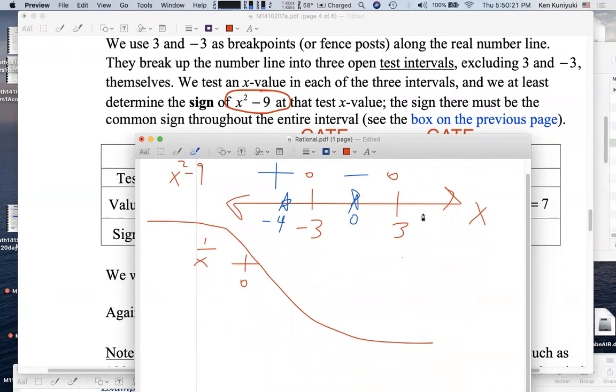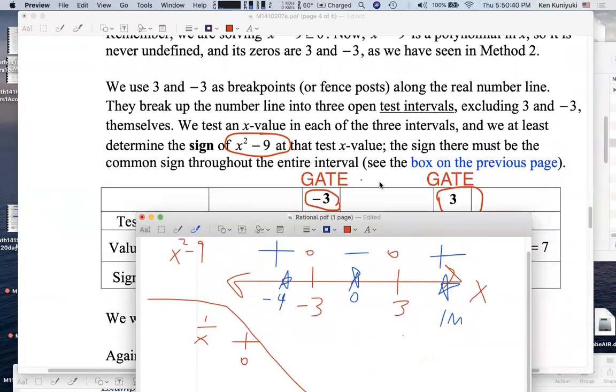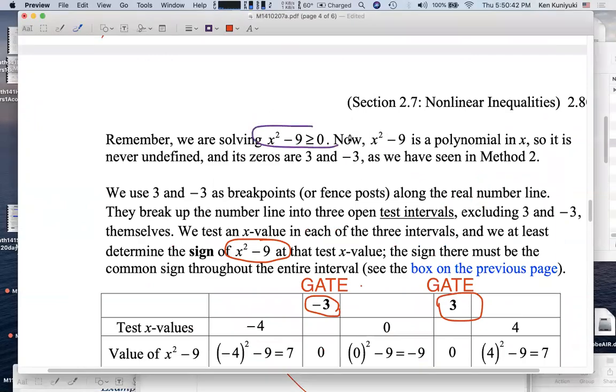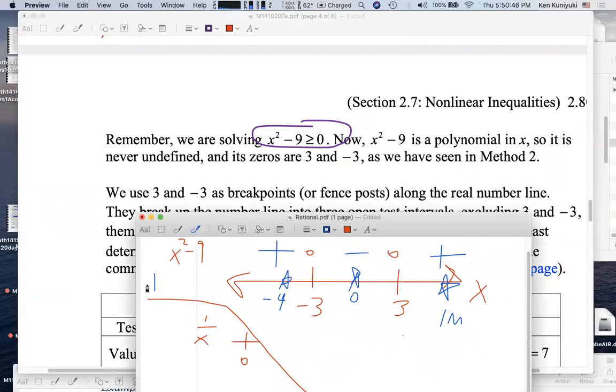What about over here? Let's test +4. Or we could be cute and test +1,000,000, not to scale. Plug in +1,000,000 for x. Obviously, 1,000,000 squared minus 9 is positive all throughout this window. And again, we're solving this inequality. x squared minus 9 is greater than or equal to 0. I want to know where x squared minus 9 is positive or 0.